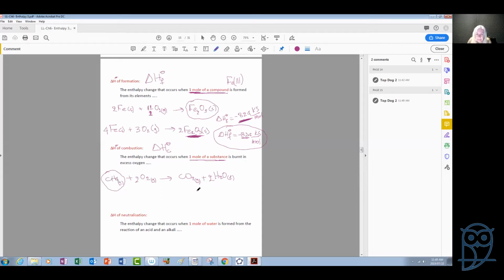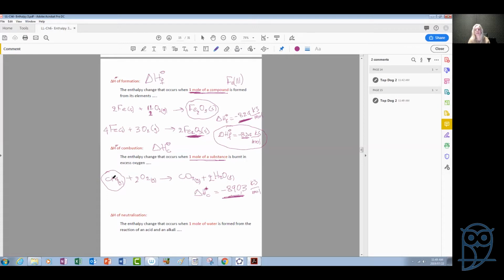And the standard enthalpy change of combustion of methane is given to be minus, obviously it has to be a minus value since it's a combustion, an exothermic reaction, 890.3 kilojoules per mole. So this value that we are given for the combustion of methane is the correct value if 1 mole of methane burns.